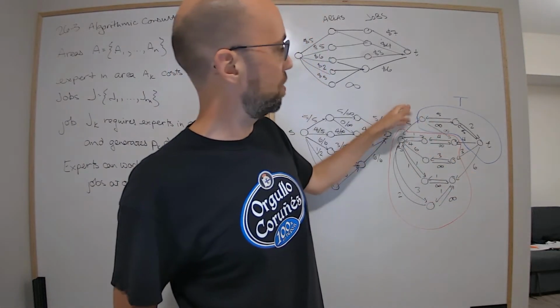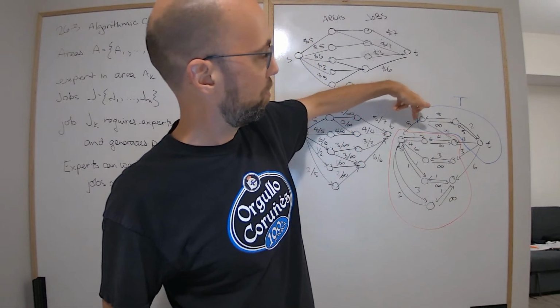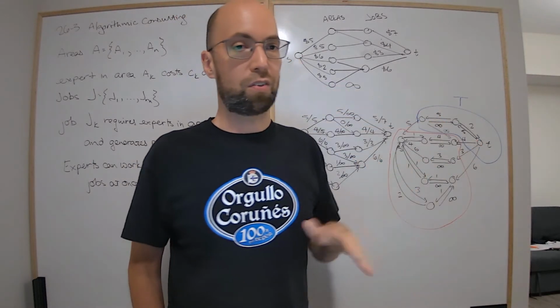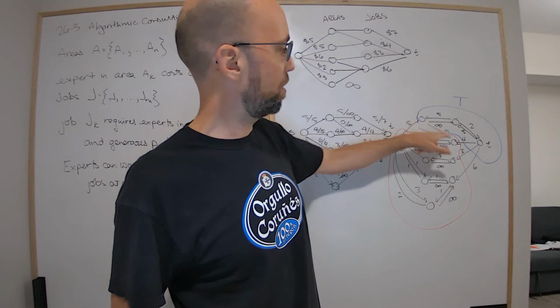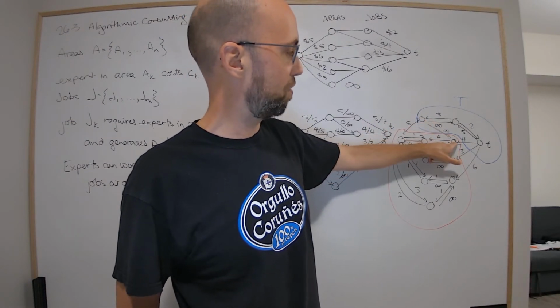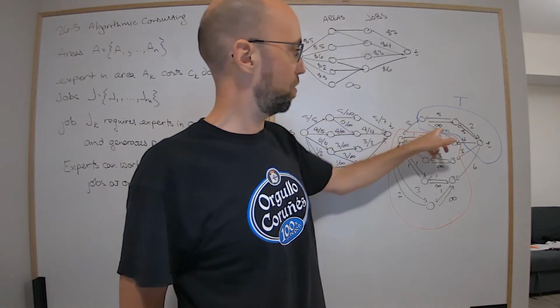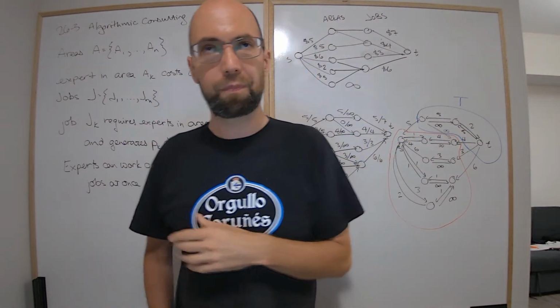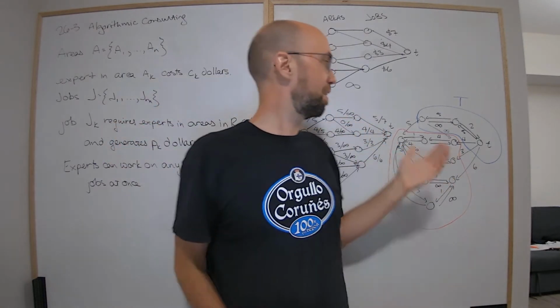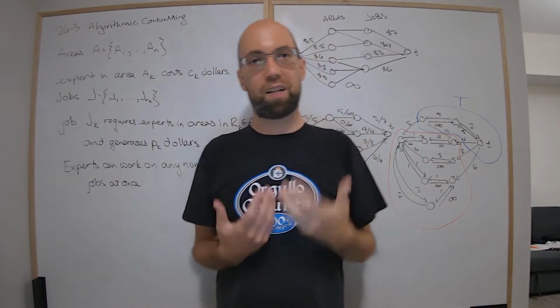It's the one where you don't have any positive capacity edges going from S to T. It looks weird because this one looks like it's going from S to T, but actually it's going from T to S. So it looks like it's infinite, but it's not. And so this is going to maximize your profit.